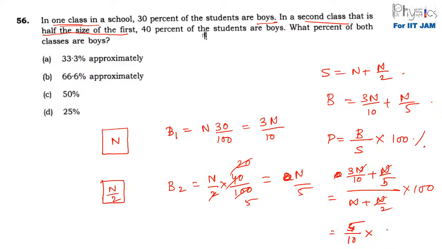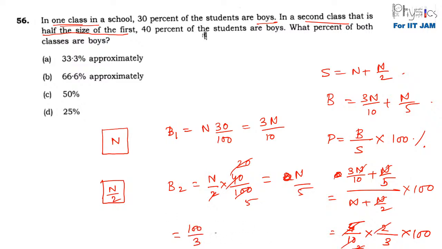So it becomes 5 by 10 times 2 by 3, right? 5 by 10 times 2 by 3 multiplied by 100. So we get 2 and 100 by 3.